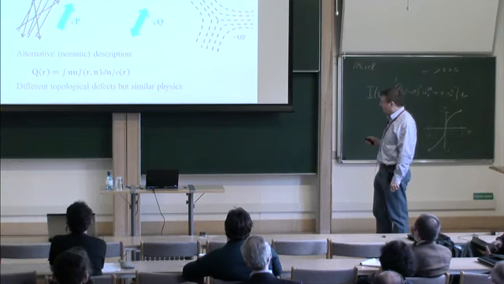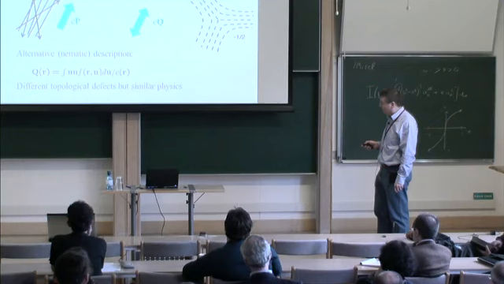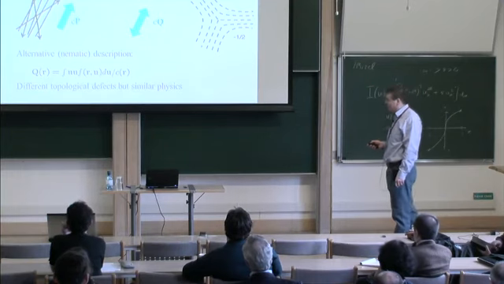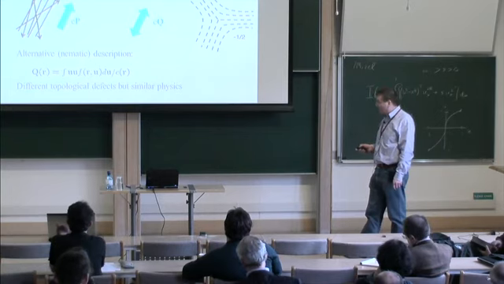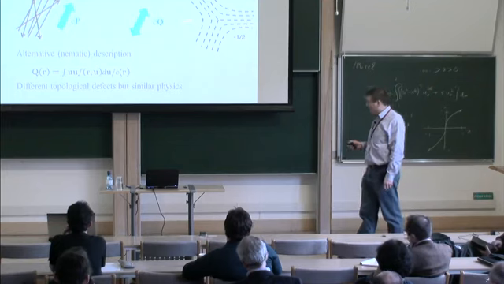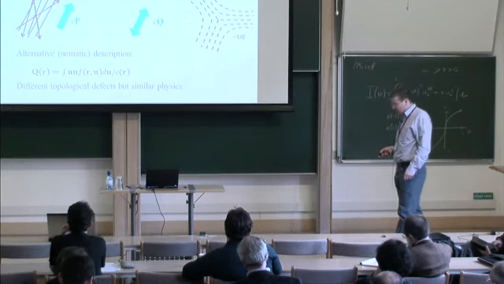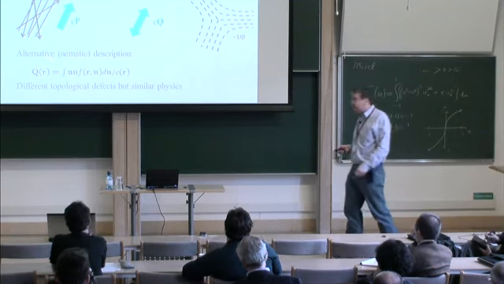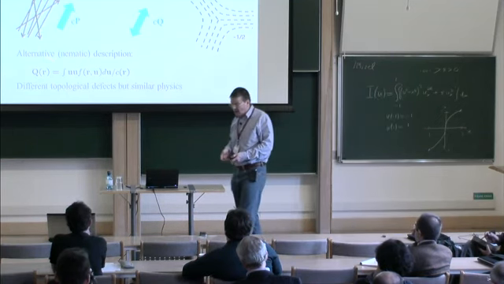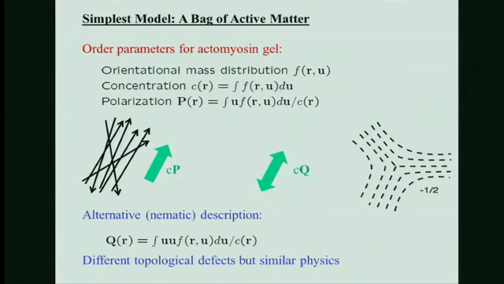There is a difference, of course, as to what kind of topological defects you can support, and the experimental evidence is that you actually need a vector field, not a Q tensor, for actomyosin. But unless you have topological defects in your moving blob, you needn't worry about this. So there's a parallel to everything I'm going to say in terms of P, which can be written in terms of Q, and the physics that I'll describe has an almost exact counterpart. Anyway, I'm going to stick with P.